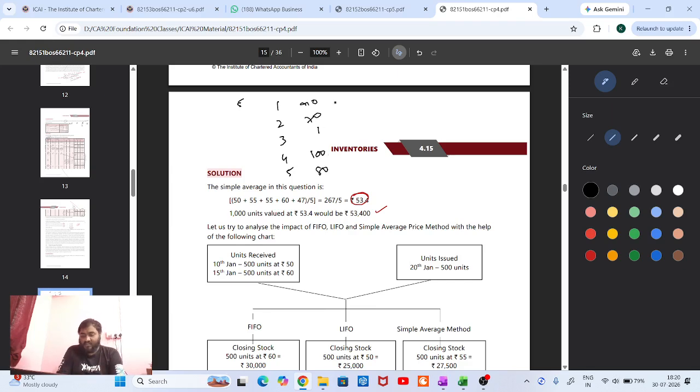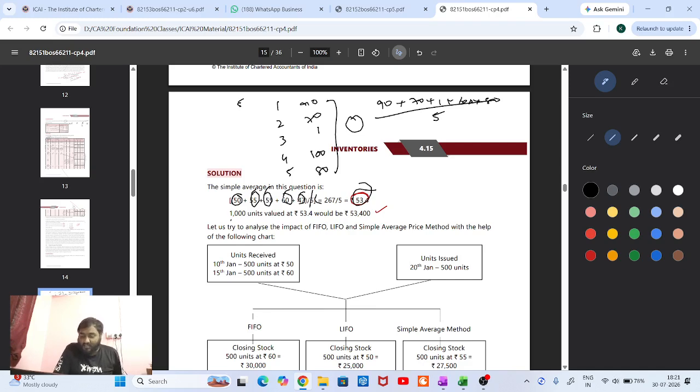So if your parents or my parents ask me how good I am, I will just say 90 plus the average of the class. What is the average percentage of the class? Divided by 5. That is the average percentage. So simple average is 50 plus 45 plus 55 plus 60 plus 47 divided by 5, which is 53.5.